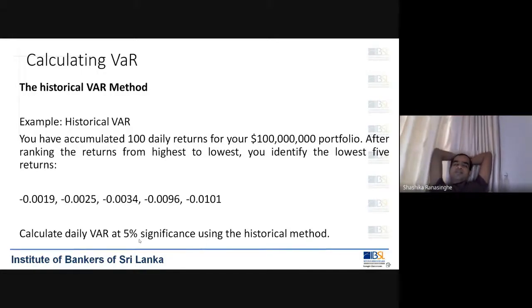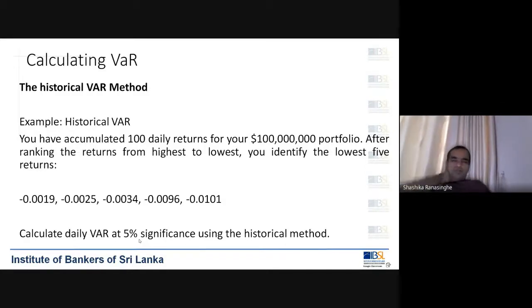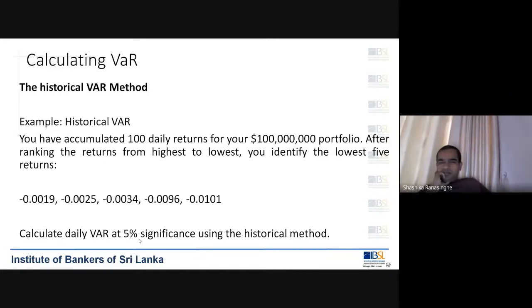Now, what if you were to find the 1% significance value at risk? 1% significance value at risk would be the worst return.